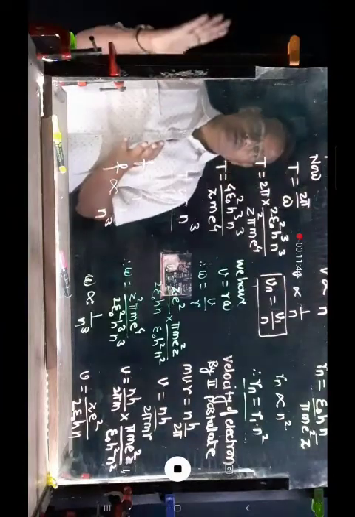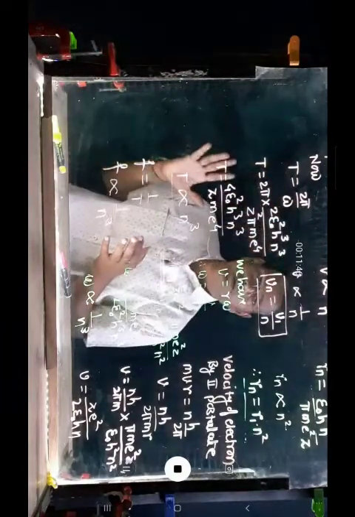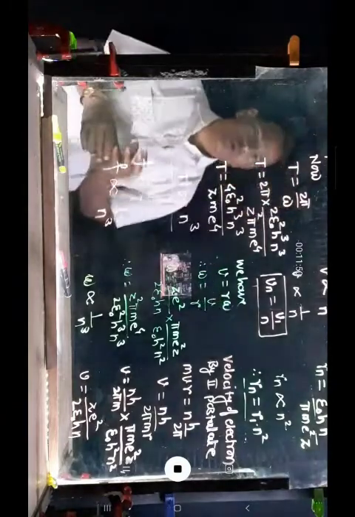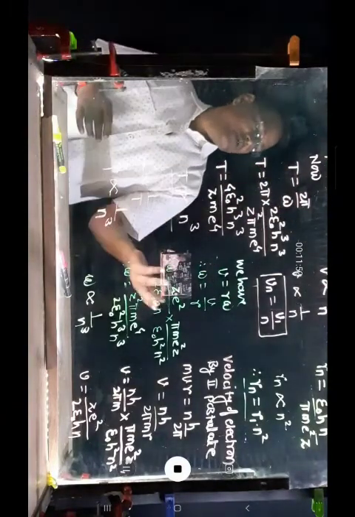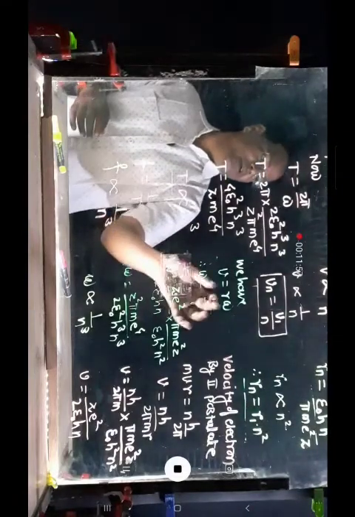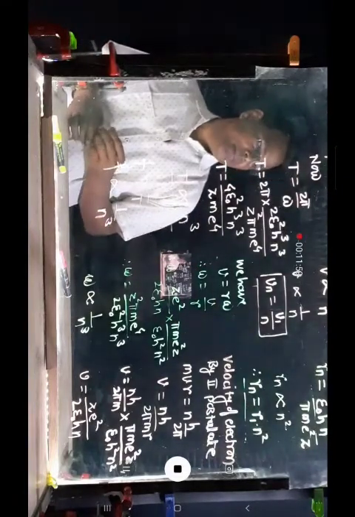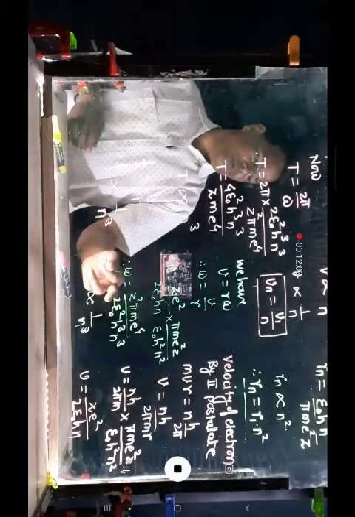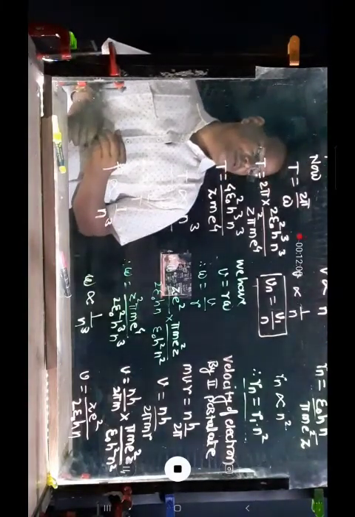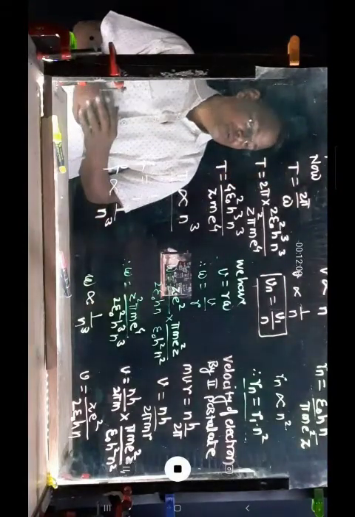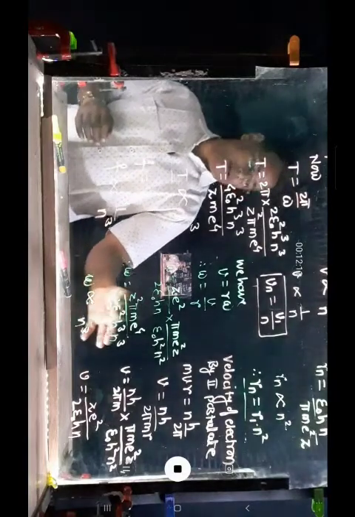Again, using what we learned in circular motion, velocity equals r into omega, where omega is the angular velocity and r is the radius of the circular path. So omega can be written as v by r. And finally, we can write omega equal to Z pi m e to the power 4 upon 2 epsilon naught square h cube n cube. Omega is inversely proportional to the cube of the principal quantum number.